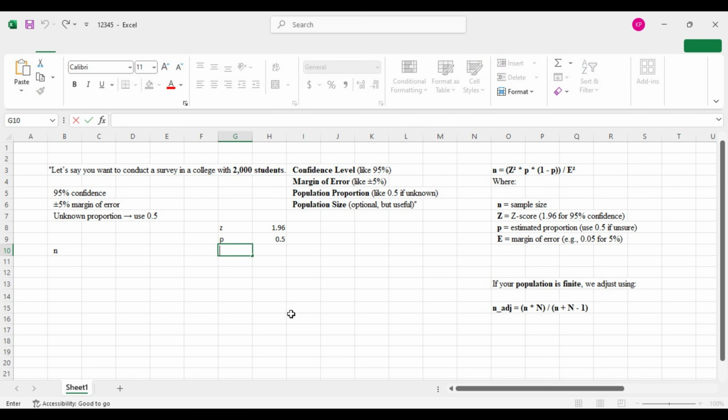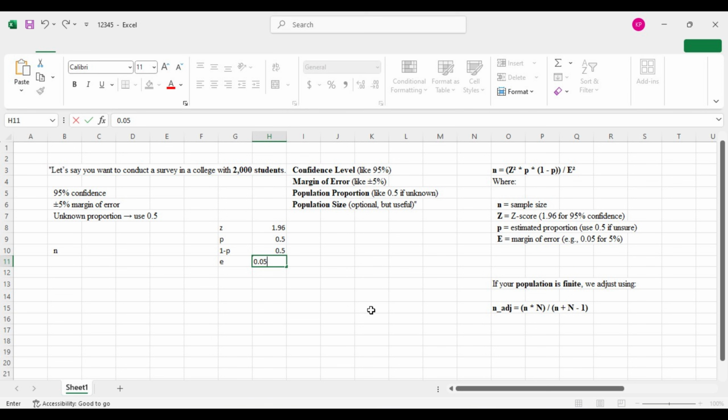Now 1 minus p is equal to 1 minus 0.5, which is 0.5. Now the margin of error e, here we use plus or minus 5%, so 0.05.